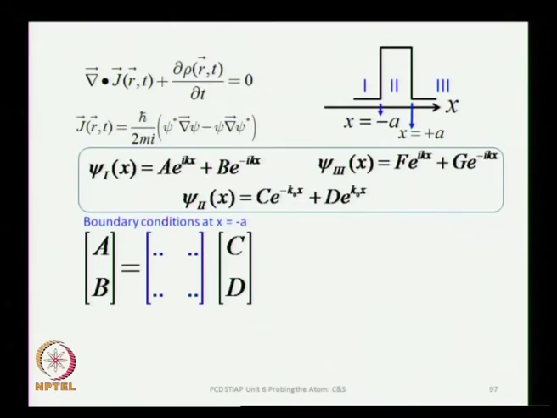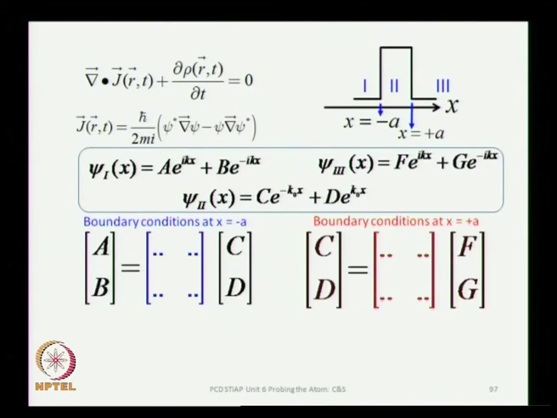Then for a stationary state, since del rho by del t vanishes, the divergence must vanish, and that is what gives you the connections between the coefficients A and B and C and D, and you also get similar connections between C, D and F, G.